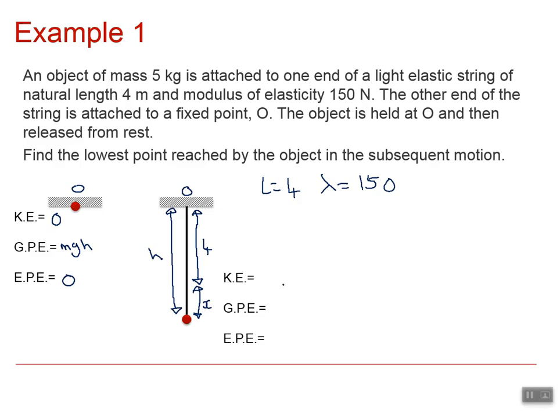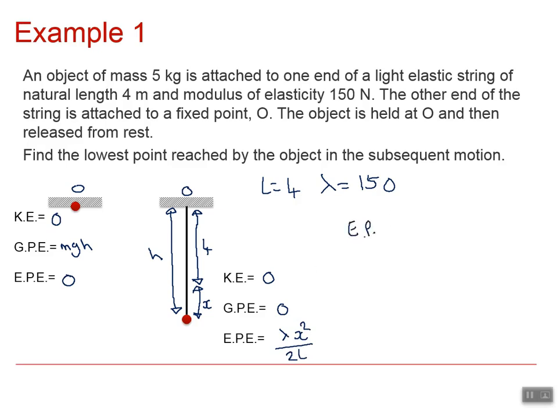Okay, so at the lowest point, our kinetic energy is 0 because we're not moving anymore. Our gravitational potential energy is 0. We don't have any of that left. We've travelled that whole h distance. And our elastic potential energy is lambda x squared over 2L, which we learned in the last video.